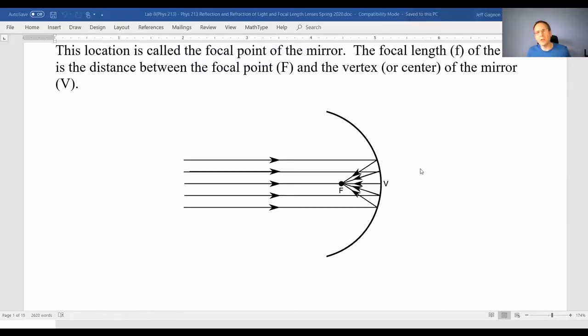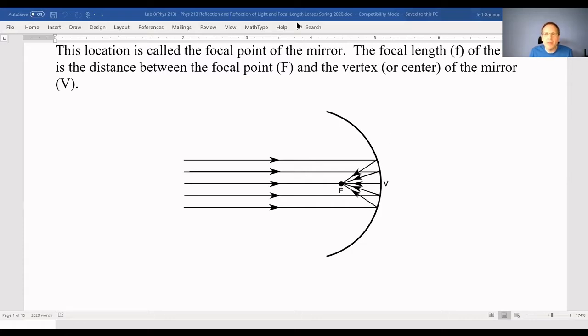Now, one thing I'd like to show you is that just like with the plane mirror, the angle of incidence equals the angle of reflection. But in order to figure out that angle, we have to draw a tangent line to the curved mirror at the point that the beam hits the mirror.